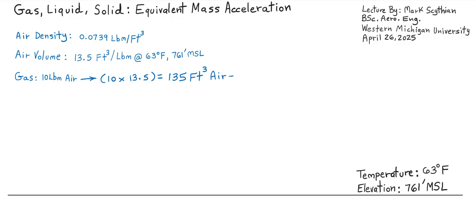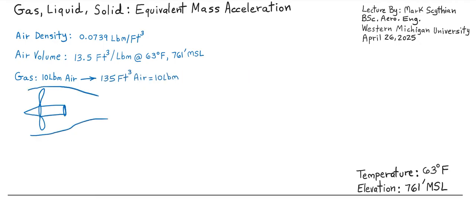So if you multiply, let's say 10 pounds of air, it would be 10 times 13.5. So 135 cubic feet of air is equal to 10 pounds of mass air, as in the weight of the air.